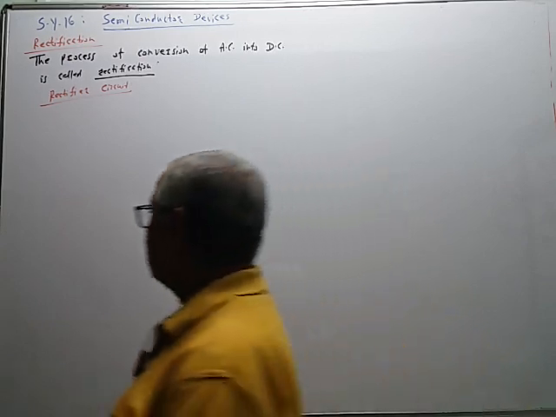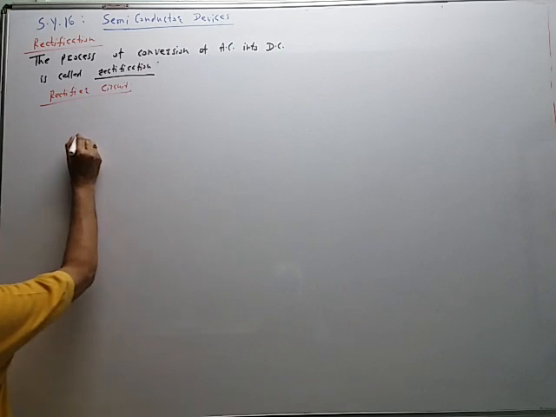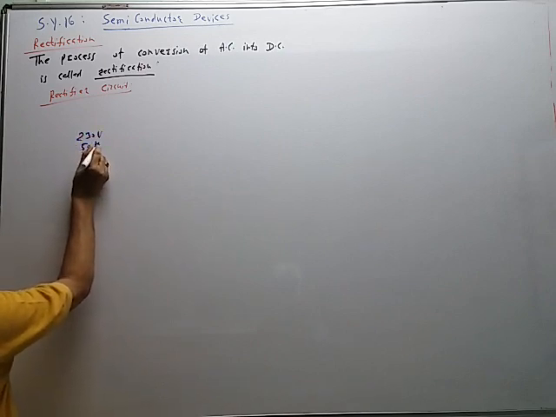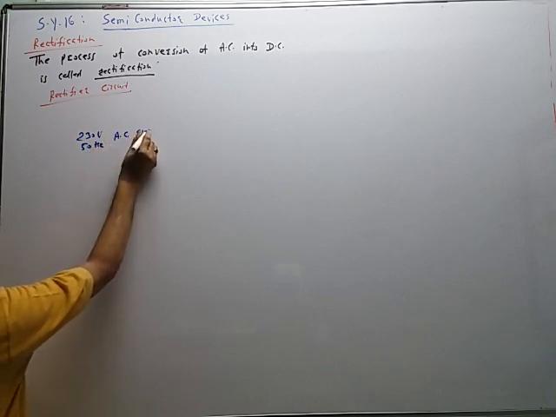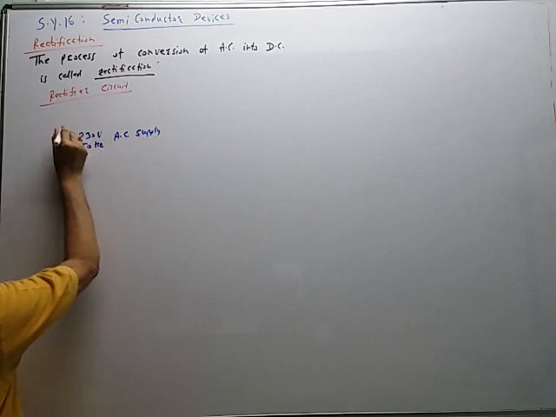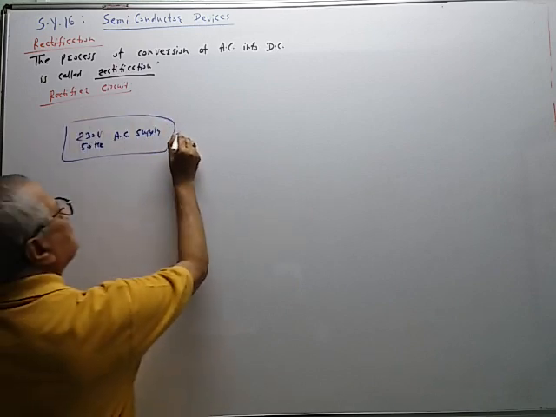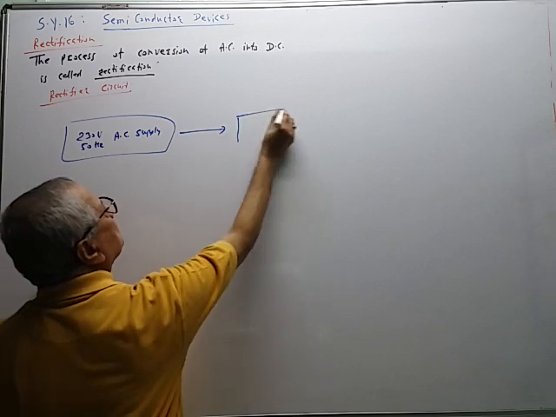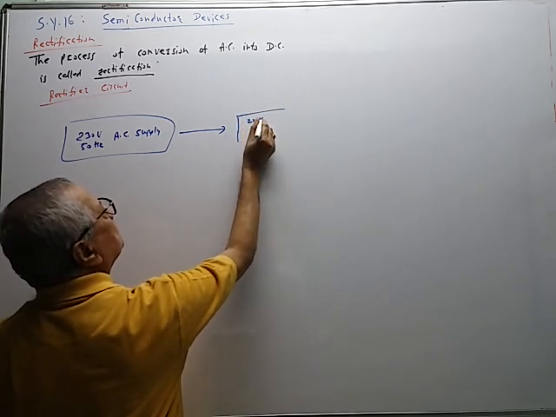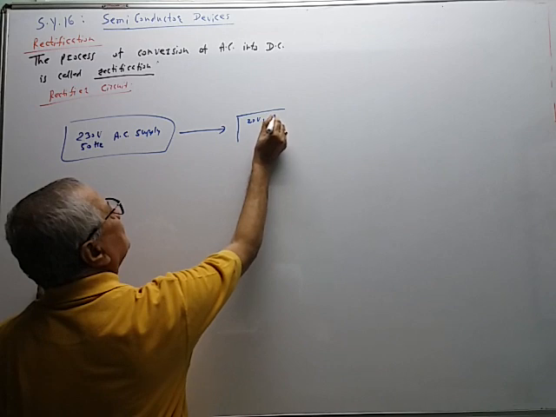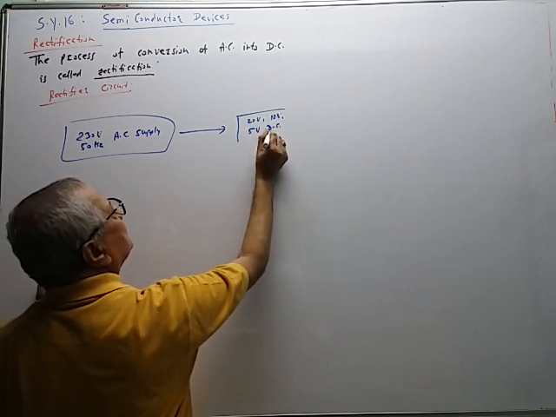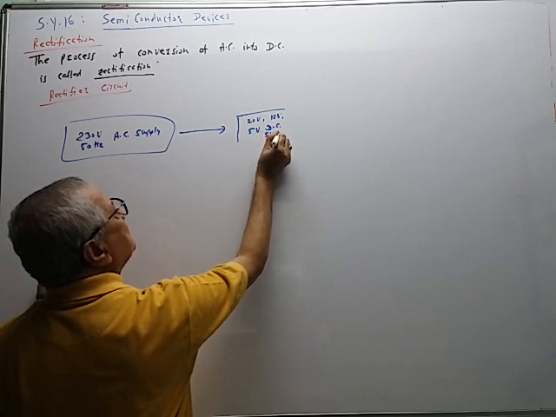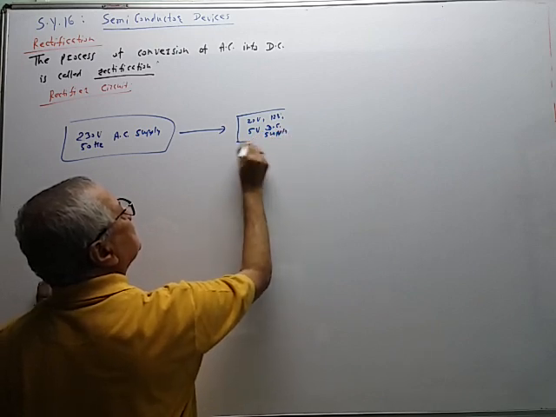So what is our requirement? 230 volt, 50 hertz AC supply is converted into 20 volt or 12 volt or 5 volt DC supply depending upon our requirement.